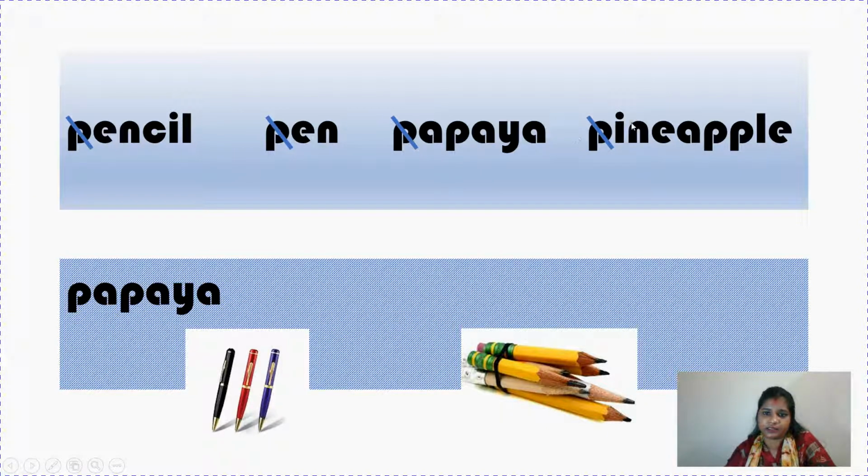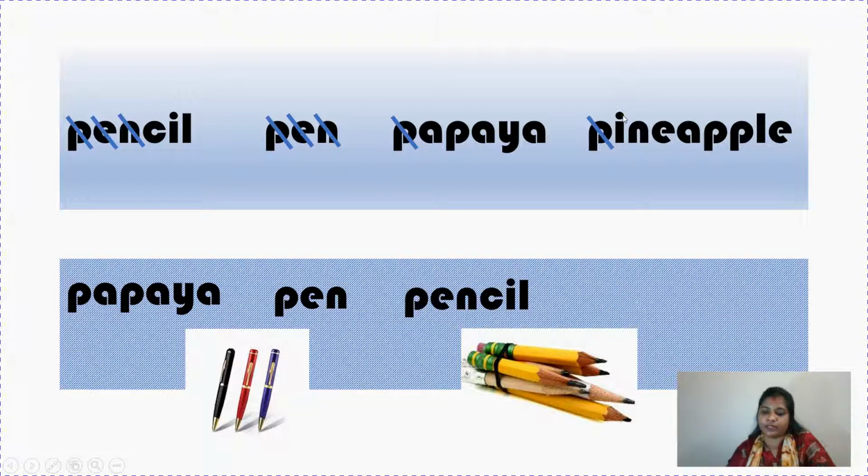And then in E and I, E comes first. But here we have 2 words with E as the second letter. So let us cut E. Now we will move to the third letter. Again the third letter is N. So what should we do? We will take the shortest word first. So let us write pen. And then we will write pencil. And what is left? Pineapple.